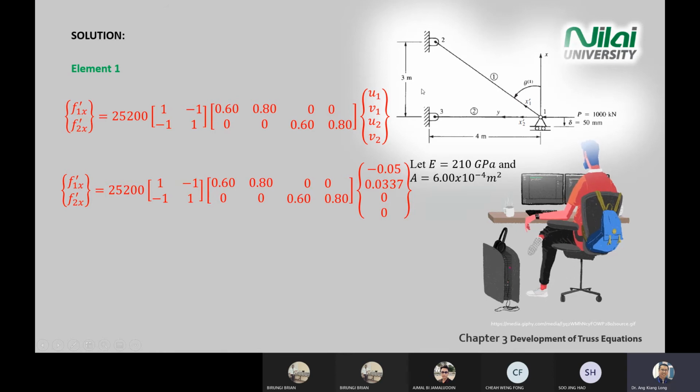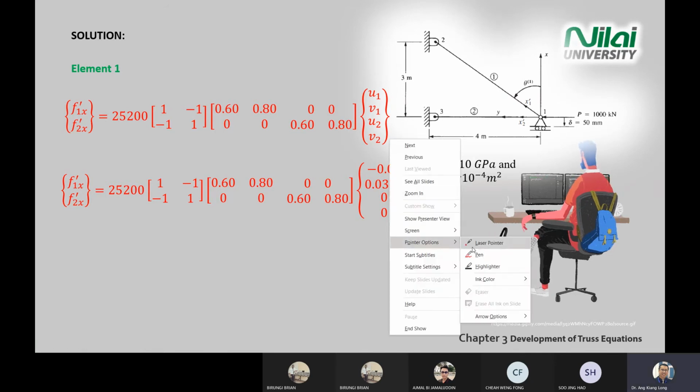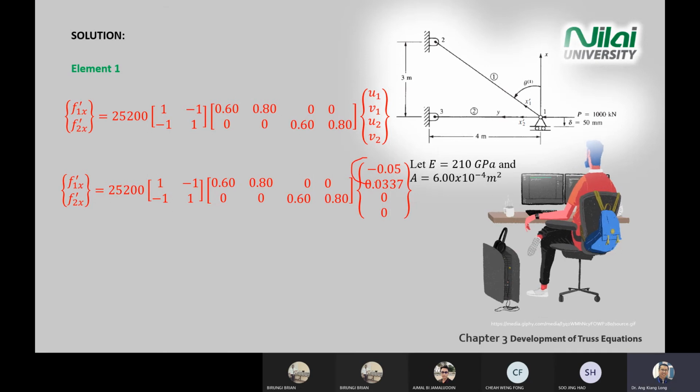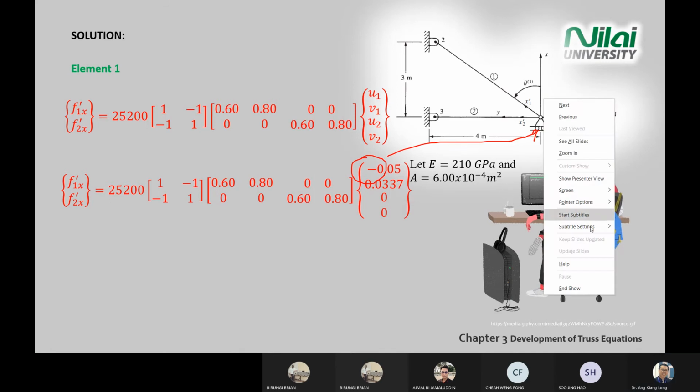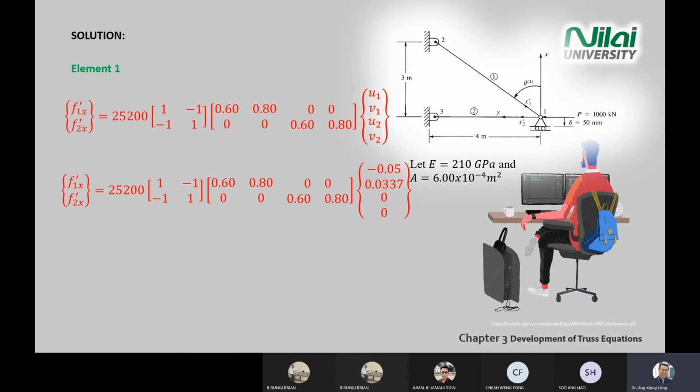U1 is given because U is 50 mm. Remember the negative sign. It's negative because it's going opposite your X direction. And V1 you already found just now.